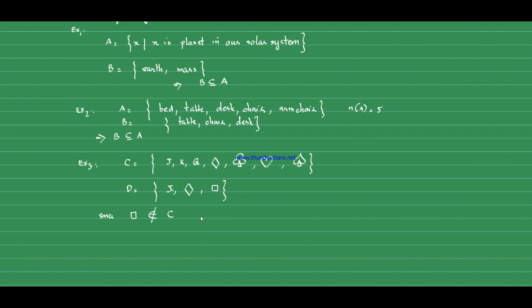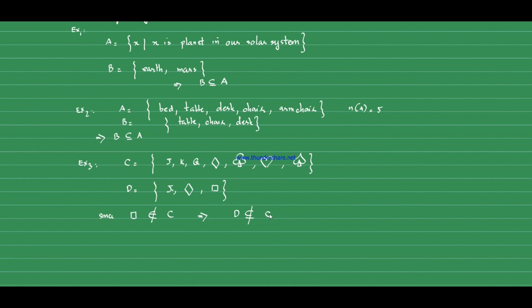So I can say that set D is not a subset. Let me use this subset symbol, then they have a slash bar like this. It's not a subset of set C.